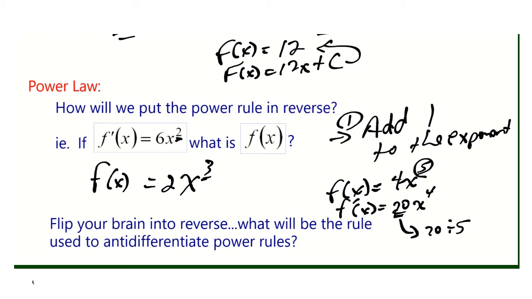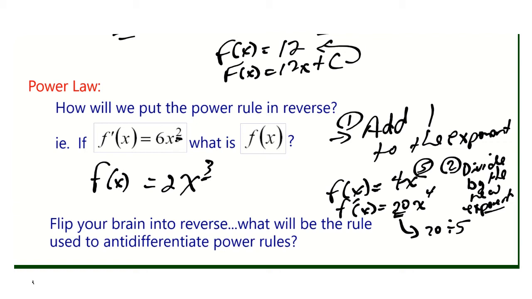So to undo the power rule, we add 1 to the exponent, and then number 2, you divide by the new exponent, meaning after you add 1. And that's our rule summarized. Add 1 to the exponent and then divide by the new exponent.